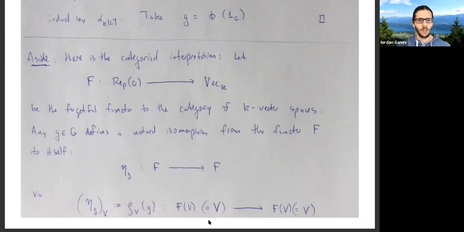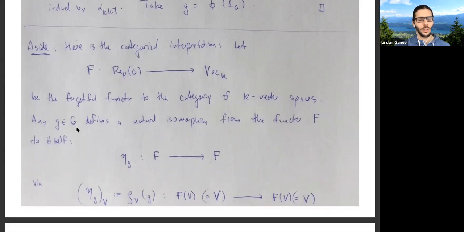Okay, so there's a forgetful functor from Rep G to K-vector spaces. Anytime we have a representation of G, it's in particular a vector space. So we can just forget the representation structure and just remember the vector space structure. So there's a forgetful functor. And the first thing to observe is that any element in the group defines a natural isomorphism from the functor to itself.